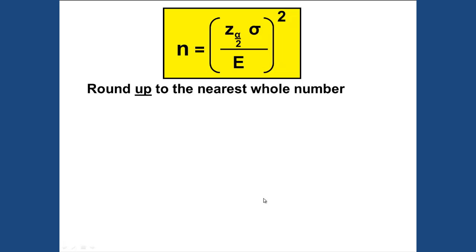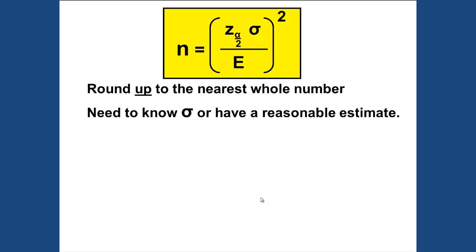We will round up to the nearest whole number, and we'll discuss this a little bit more as we get into the example, but it will be rounding up to the next nearest whole number. We will need to know the population standard deviation, or sigma, or have a reasonable estimate.